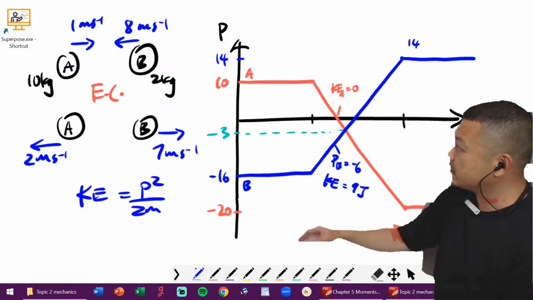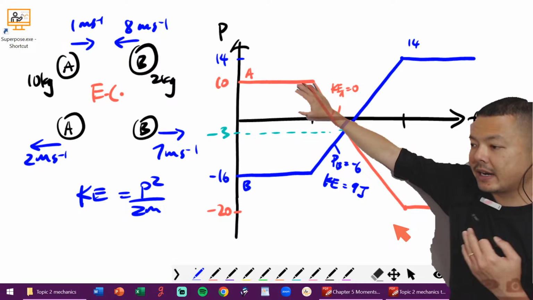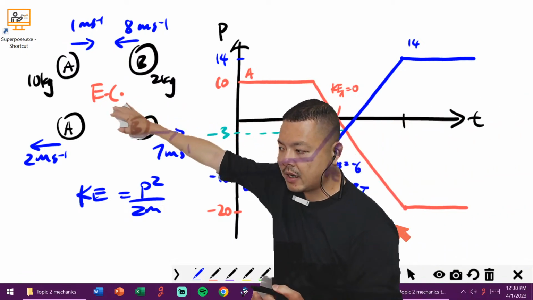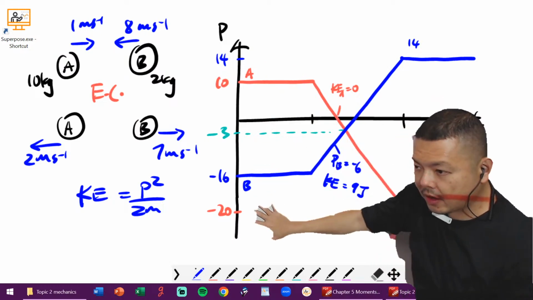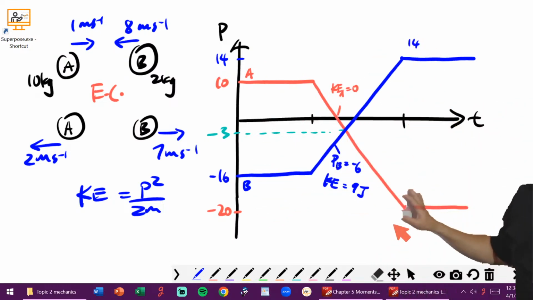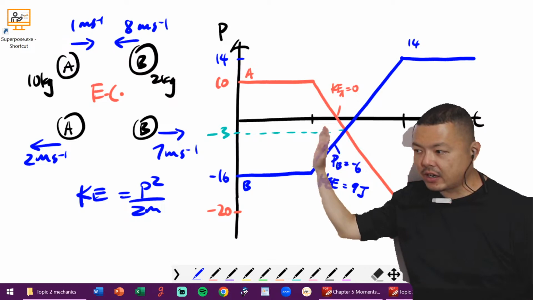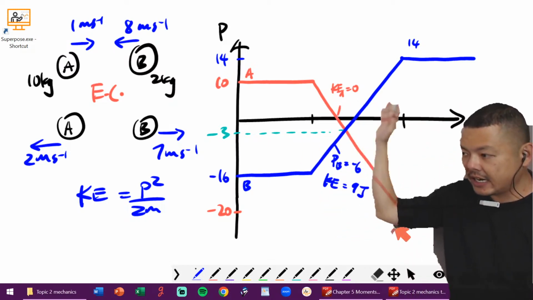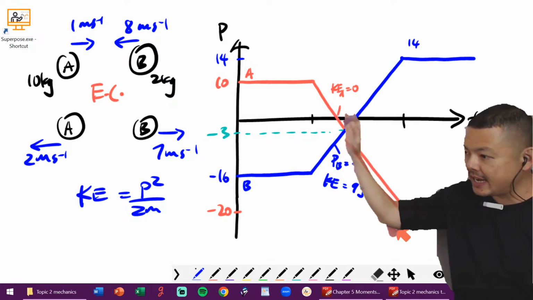So the idea here is, what did I say about elastic collision? What's the definition? KE is conserved before and after, but not during the collision. KE is not conserved in this region. It is not conserved in the impact time.